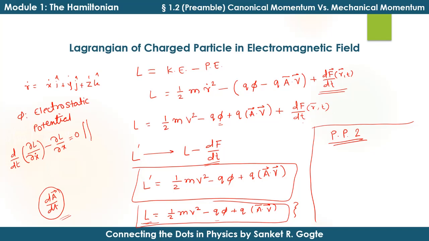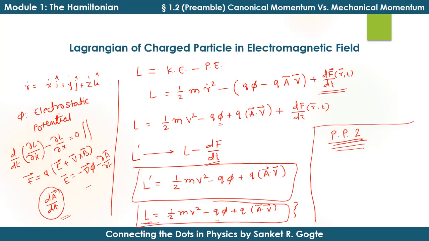Now when you consider all these three equations, you should be able to reproduce the equation for force, which is q into E plus V cross B, where E now is minus del of phi minus dou A by dou t. So this is the second point to ponder.